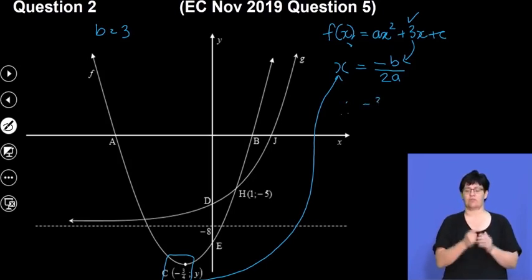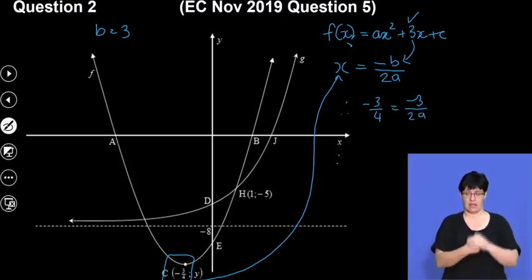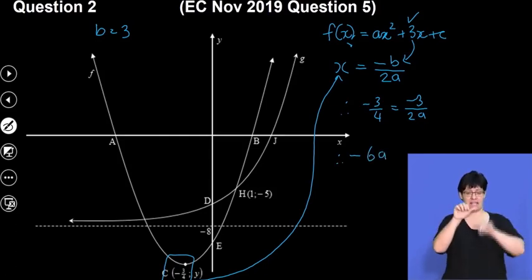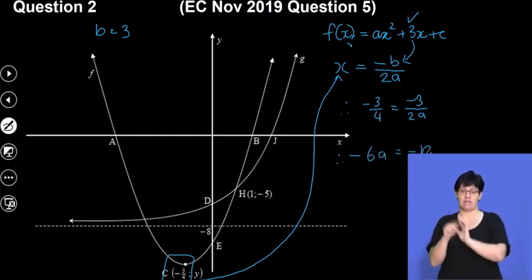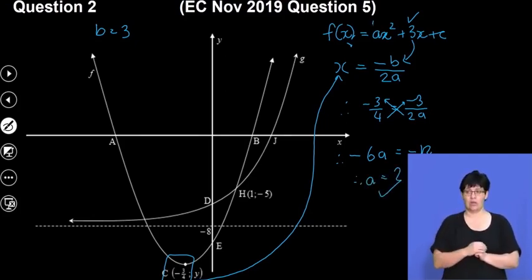So -3 over 4 is equal to -3 over 2a. I'm going to cross multiply over there, so I get -6a is equal to -12, multiplying across, which I can do when I've got one fraction on each side of the equal sign. So therefore, a must be equal to 2. Okay, so I've got my a.